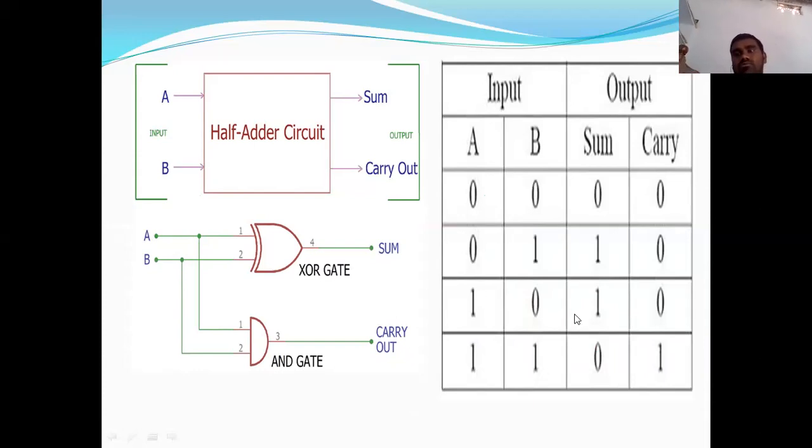So these are the possible cases of two inputs. And next, for the outputs we have sum and carry, which we are discussing here.